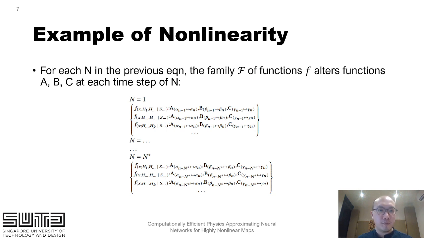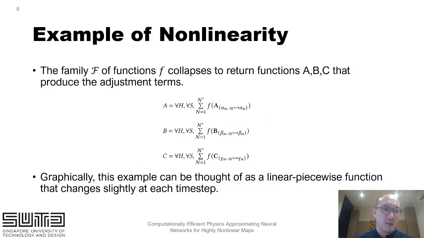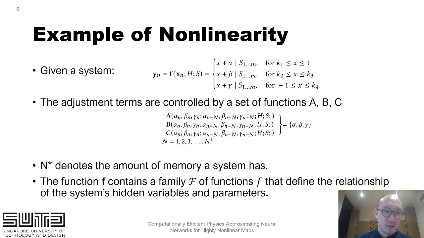we receive some input from the system, and the input of the system is then passed to the family of functions F, and all of the different hidden variables will then be computed by the system and return us the family of functions F results that collapse to the functions a, b, and c, which will then be used to adjust the terms for alpha, beta, and gamma, which will then be used to adjust the terms in the piecewise function above.